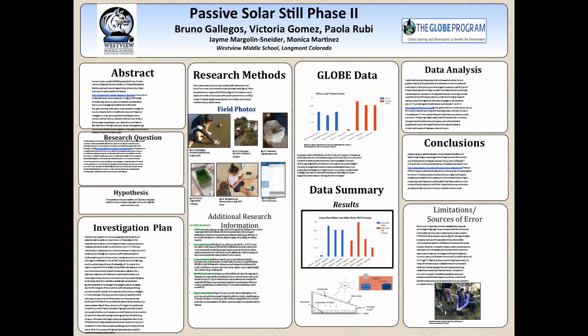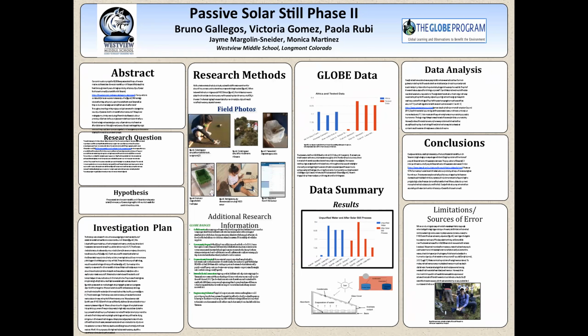Here's another one, and this one I think was really interesting in terms of the engineering aspect. They were looking at taking GLOBE data and what they can do in terms of GLOBE engineering aspects, so the E of STEM.